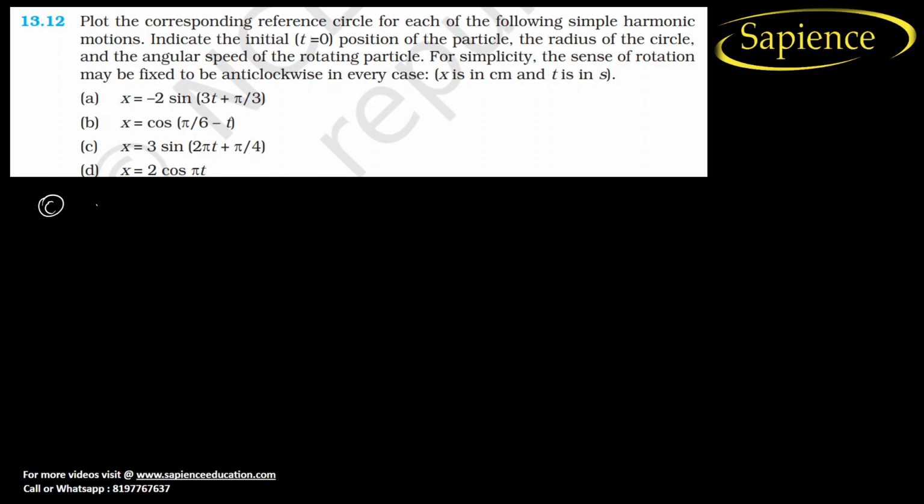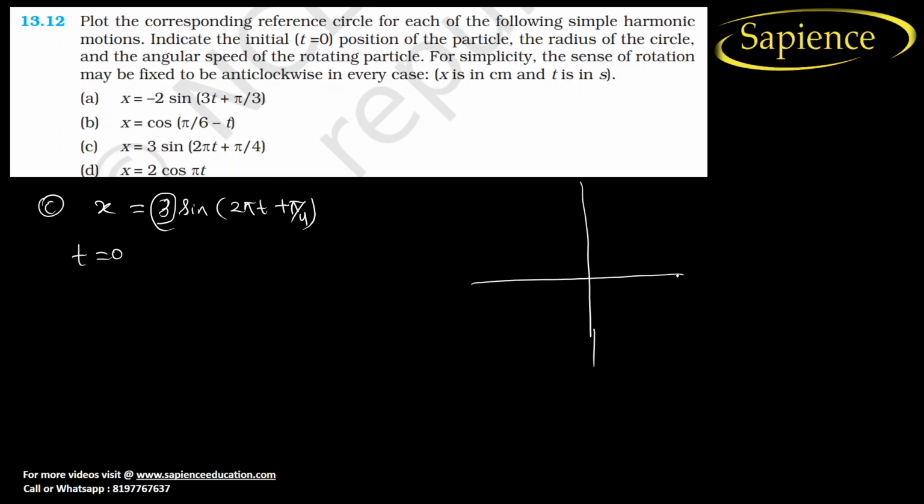The equation for C is x is equal to 3 sine 2 pi t plus pi by 4. Before finding x at t is equal to 0, we have to make a reference circle having a radius of 3 centimeter, because the maximum amplitude is 3. So I have made here a circle with a radius of 3 centimeter.